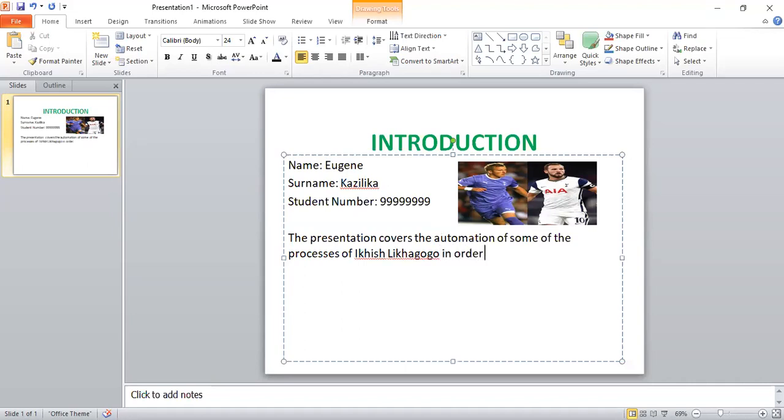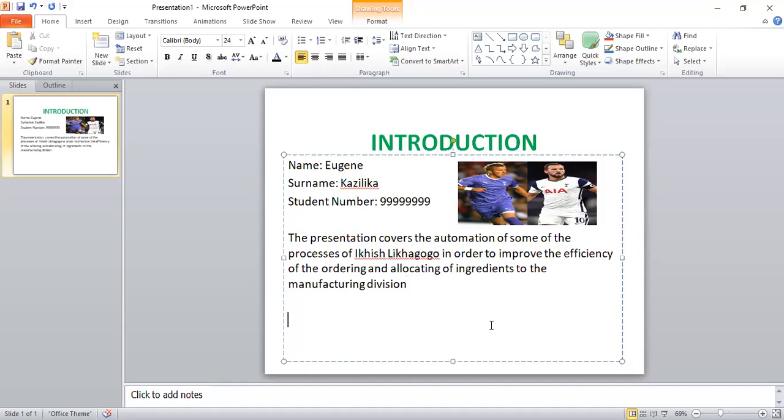Maybe you can say in order to improve the efficiency of the ordering and allocating of ingredients to the manufacturing division. So that can be your introduction. It's an example of an introduction.